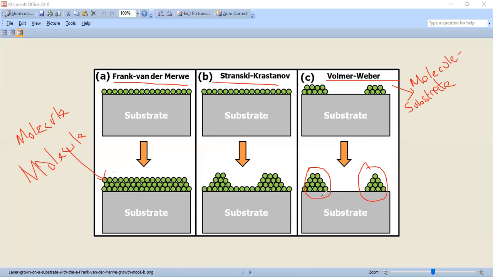Instead of making continuous thin films, we get islands, because molecule-substrate bonding is stronger than molecule-molecule bonding in Volmer-Weber growth.